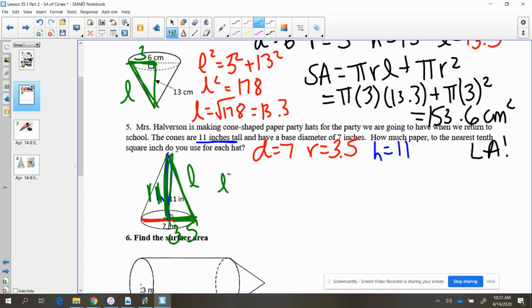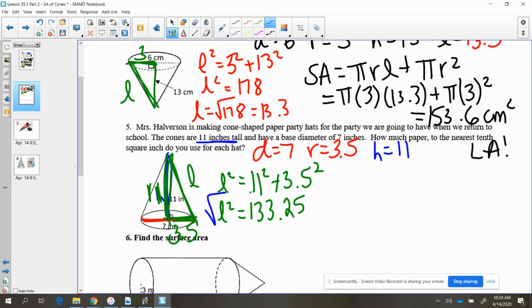So slant height is going to be our c squared again, 11 squared plus 3.5 squared. Well, 11 squared plus 3.5 squared is 133.25. And when you square root that value, your slant height ends up equaling 11.5.